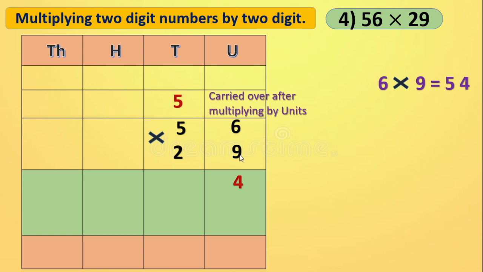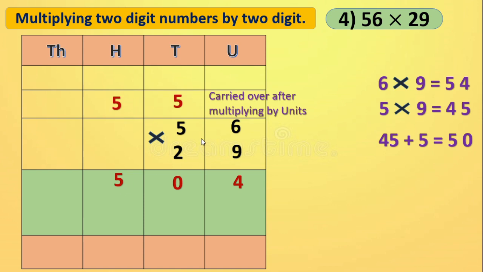Okay, now see here, then 5 nines are how much? 45. 45 plus 5. How much? 50. This you have to remember. Okay. 45 plus 5, that is 50. So here we will write 50. And again 0 will remain here. 5 is carried over to the hundreds place. Right? So nothing is there. Then we will write 5 down. Okay. Now here multiplication of 56 and 9 is over.